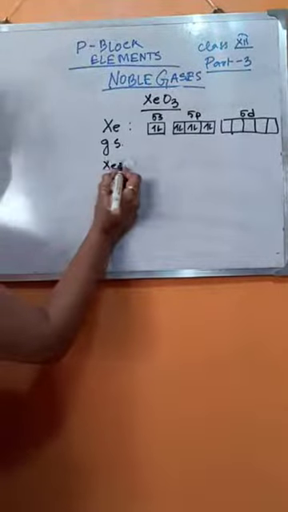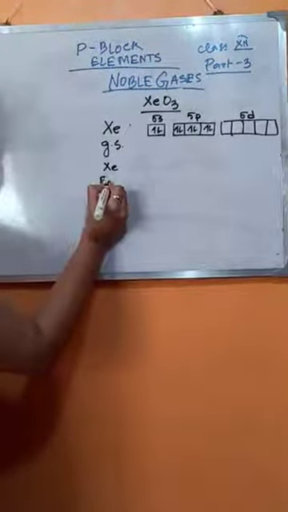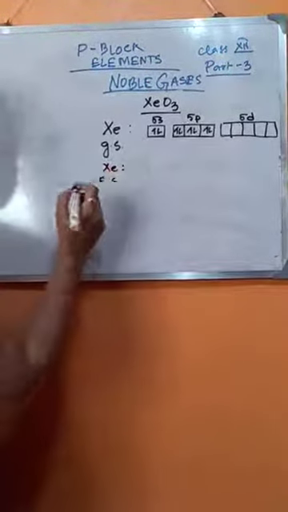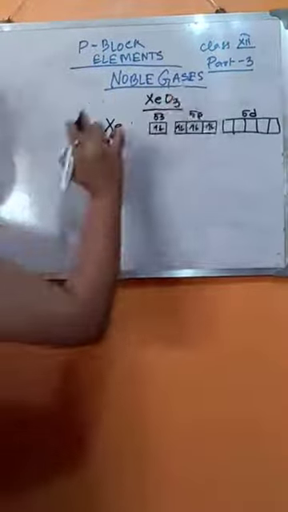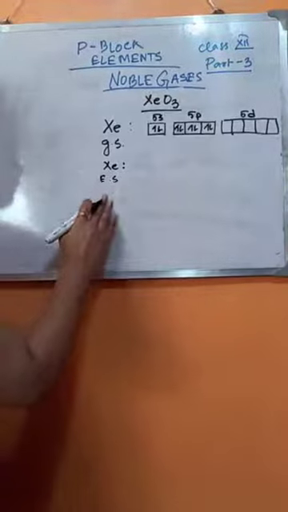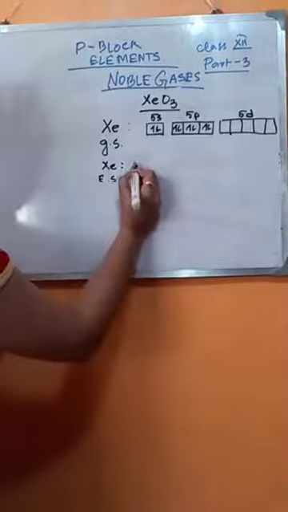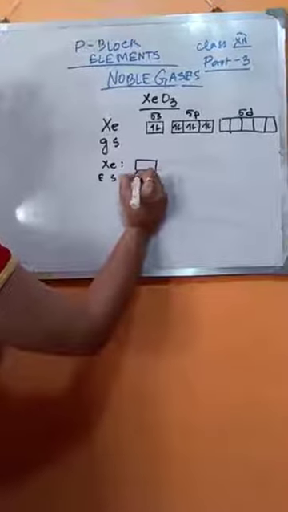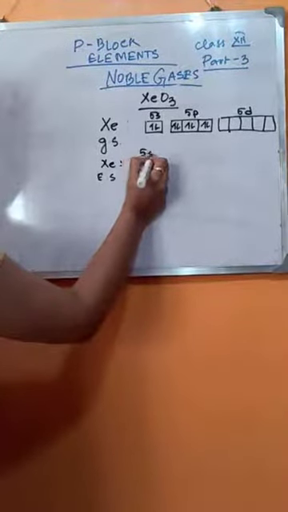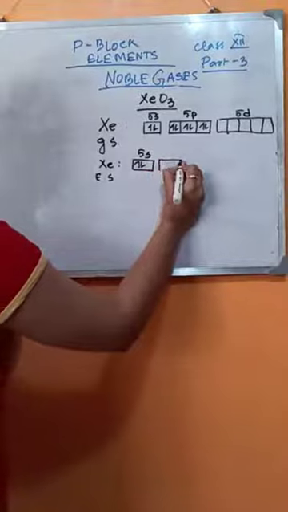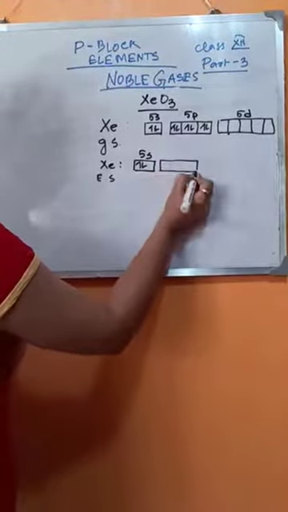Now xenon in the excited state. Xenon in the excited state means xenon in xenon trioxide, that is xenon in the presence of oxygen. Please note it properly.